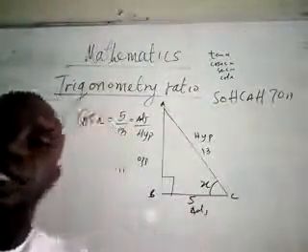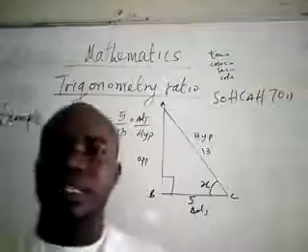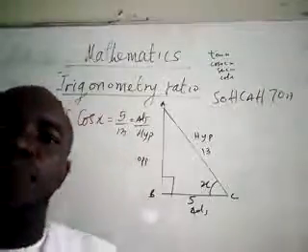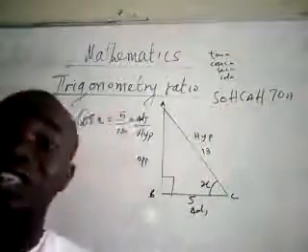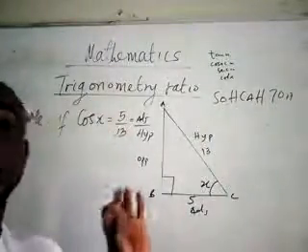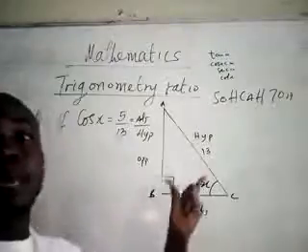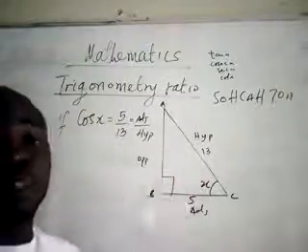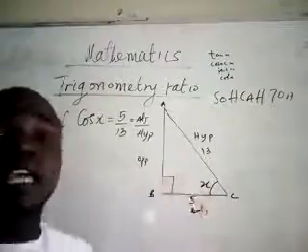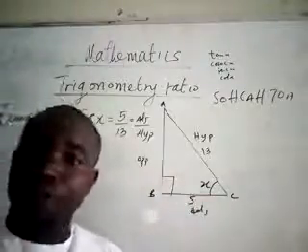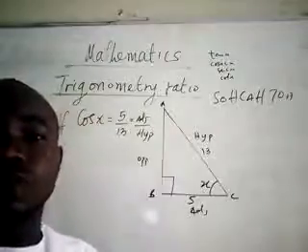From the onset, I initially stated that anytime you are given a problem that involves only the sides, you are going to solve the problem with Pythagoras' theorem. We were not given any angle, so for me to find the third side, I need to apply my Pythagoras theorem. And what is my Pythagoras theorem saying?